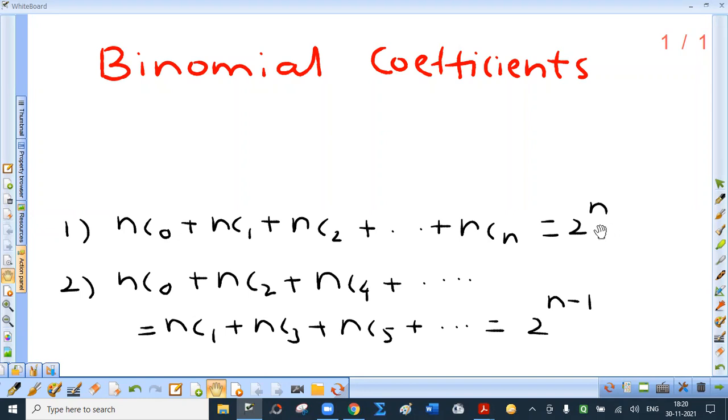That is, sum of all binomial coefficients of order n is 2 raised to n.